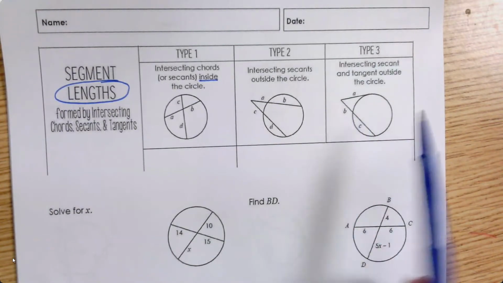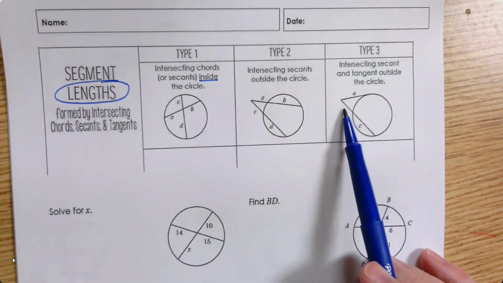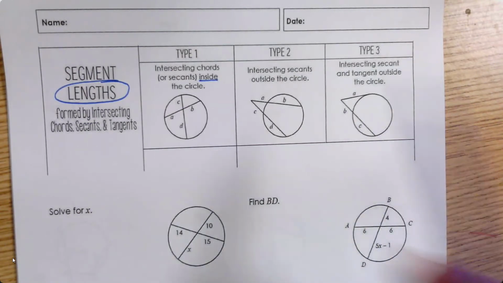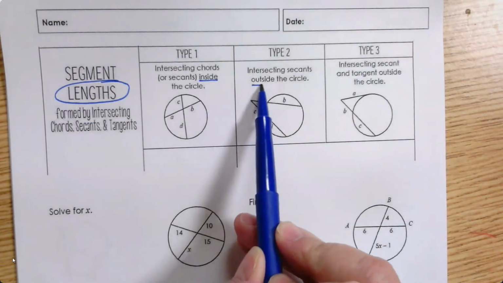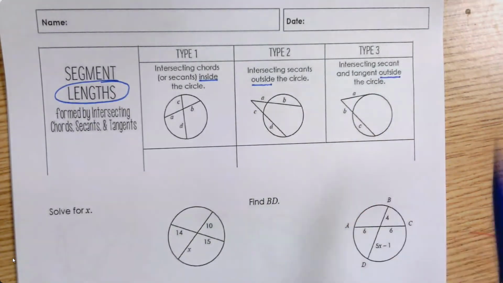The tangent segment is the part with the A on it, and this part has points inside and outside the circle, so that makes it a secant segment. Both of these, either two secants or a tangent and a secant, meet outside the circle. So that's what I'm going to focus on: where do my secants meet?